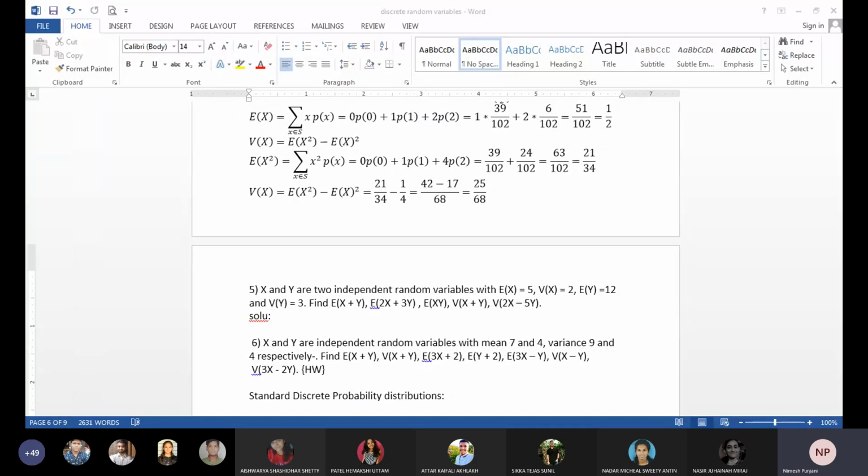In the LCM, the common factor is counted only once. Your common factor is 2, right? 34 has a 2 and 4 also has a 2. So the common 2 is considered only once in the LCM. That is why you get 17 into 2 into 2. So that is the reason you get the LCM as 68 and not 136.